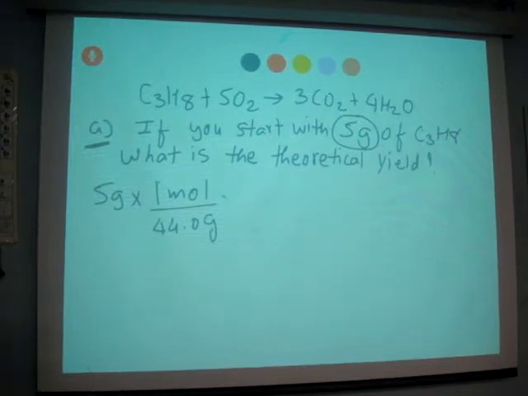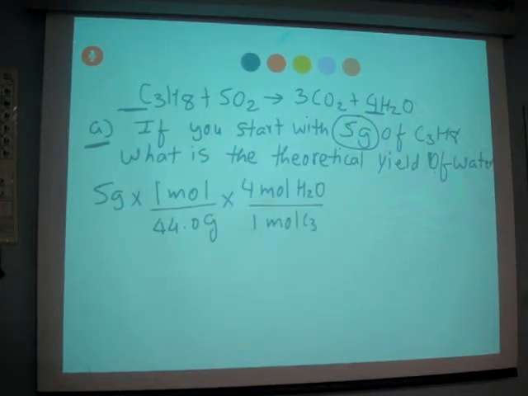Now looking at the balanced equation, and here is the theoretical yield of water, let me add that one here. When you look at this, it's a 1 to 4 mole ratio, right? So we can have 4 moles of H2O for 1 mole of C3H8.